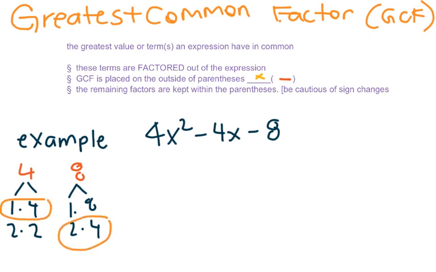Now, because 4 is the greatest common factor, we're going to pull that number out of our trinomial or our polynomial, and what's remaining is the opposite factor in any leftover terms that we did not touch. So if I took out 4 from my 4 times 1 to equal 4, that means that 1 is left over in x squared.